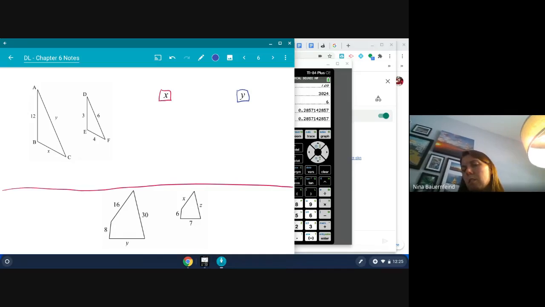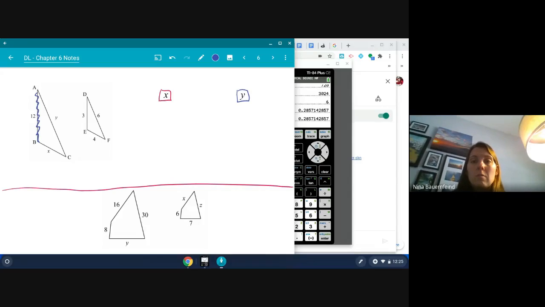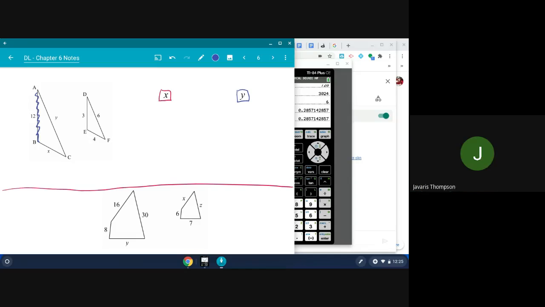So first, here's what I usually do with these. First, I mark the corresponding sides. So I'm going to mark 12. What corresponds to 12? Which side is in the same spot, but in the other triangle? Three.